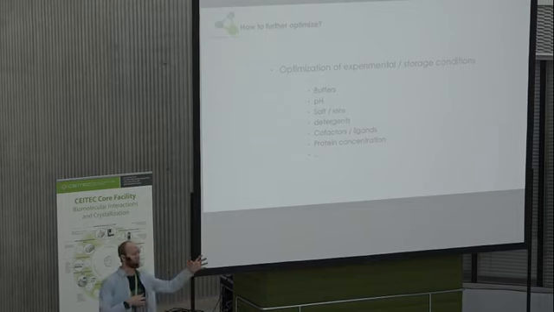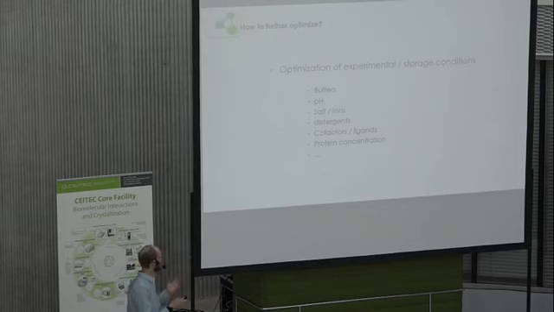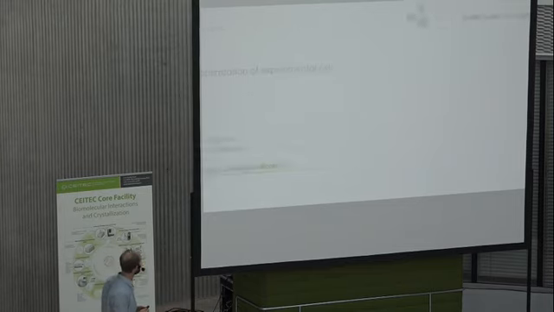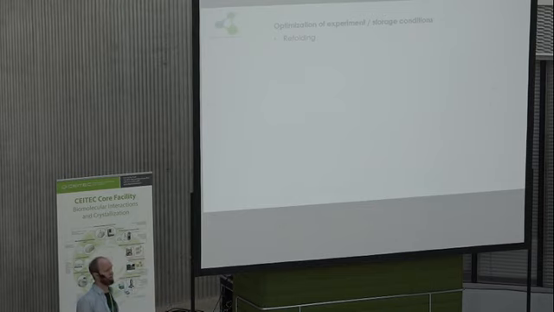You really want to screen a lot of variables to see which of those will affect your protein. What kind of screens do you want to do? What kind of optimization? Sometimes you don't even get your protein to begin with. You actually have to express it in insoluble inclusion bodies, and you have to refold them first. So you want to do refolding screens.